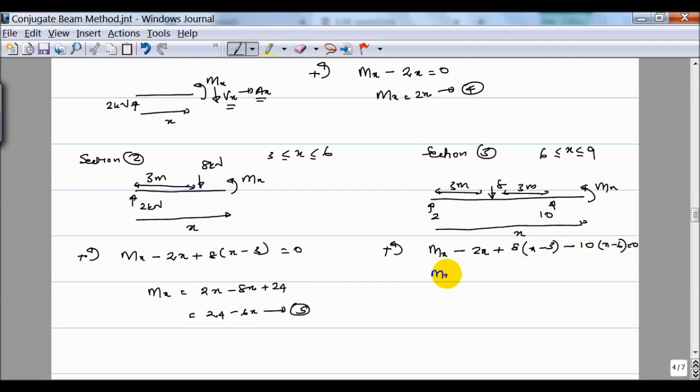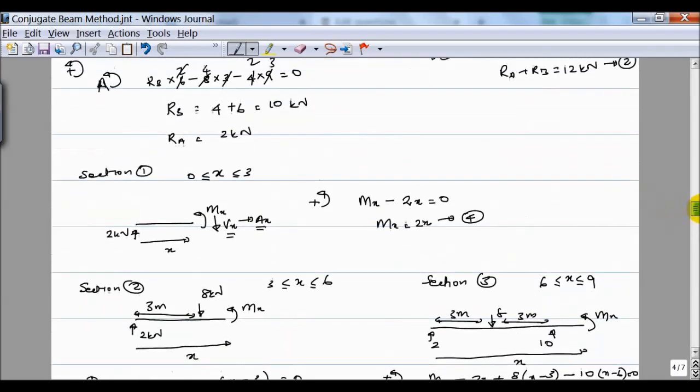So Mx is equal to 2x minus 8x plus 24 plus 10x minus 60. So that is 12x minus 8x, 4x, then 24 minus 60 is minus 36. This is not the third equation, but the sixth equation, and that is applicable for the region 6 to 9 meters.